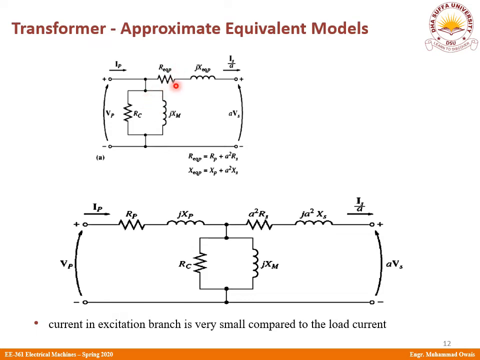Obviously, this is with some compromise, but this makes the circuit quite simple for analysis, and it works good enough for most of the applications. So this equivalent resistance is, let me draw this for you.